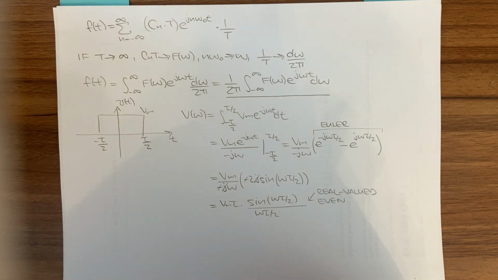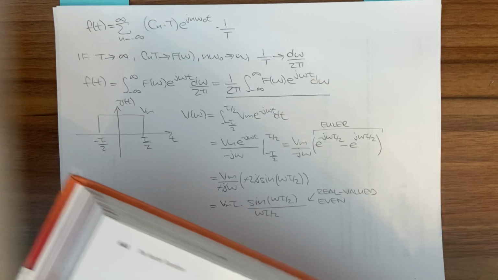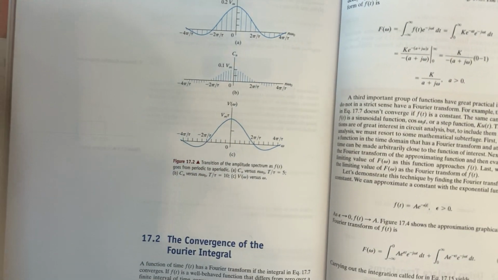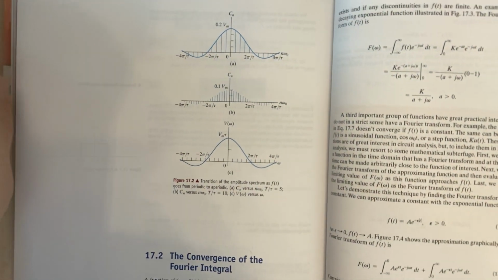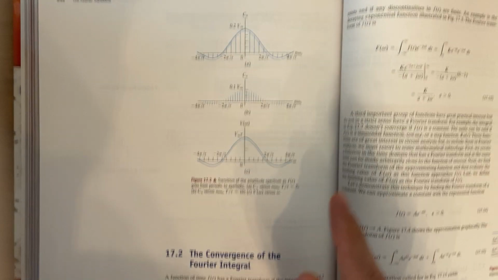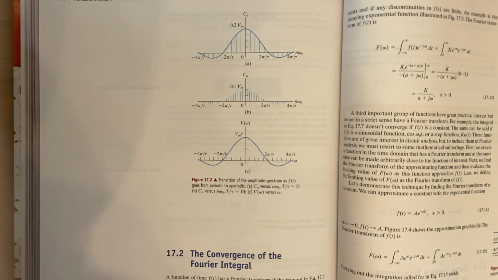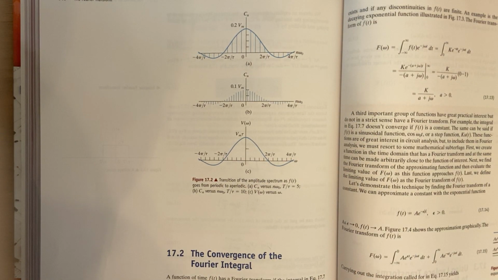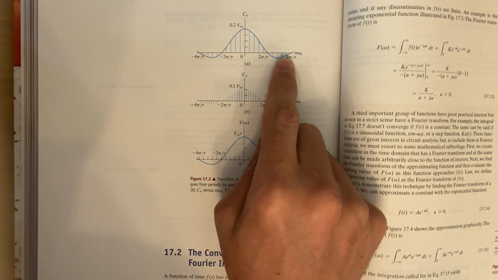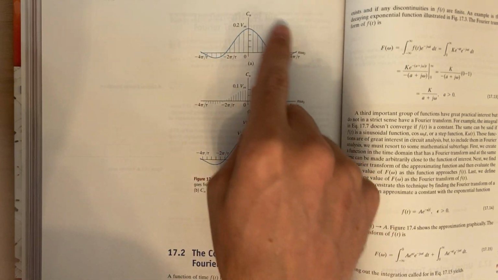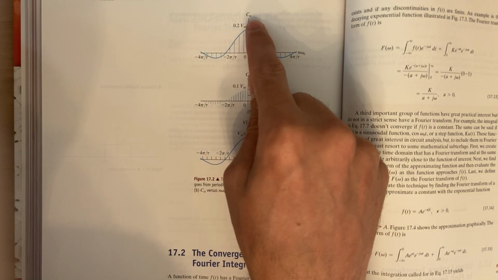I'm flipping to chapter 17, page 646. There's a lot of relationship to what we did last time, because we took the Fourier series of a repeating version of this. That's what it would look like if you plotted the coefficients Cn.